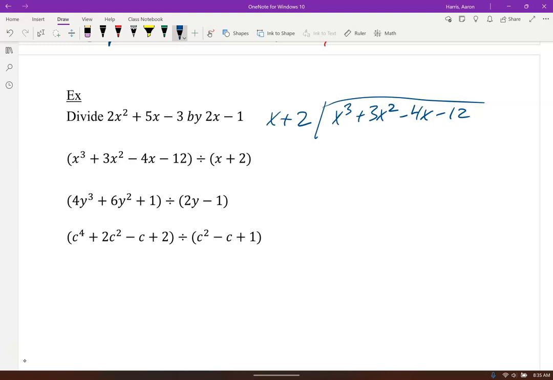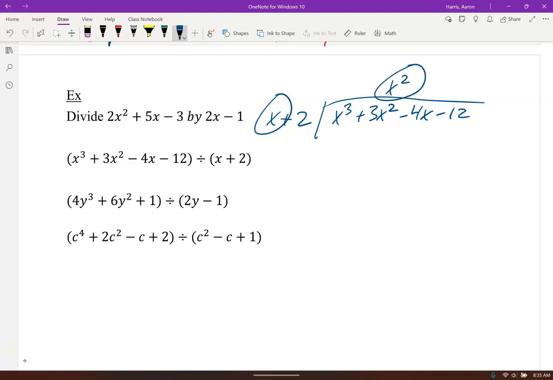Okay. So now we say, what times x gives me x cubed? Or another way to say that, x cubed divided by x gives us x squared. That's our answer. So x squared. Now let's multiply through.